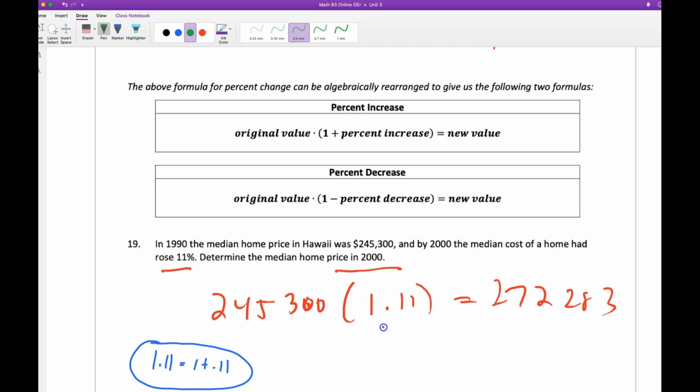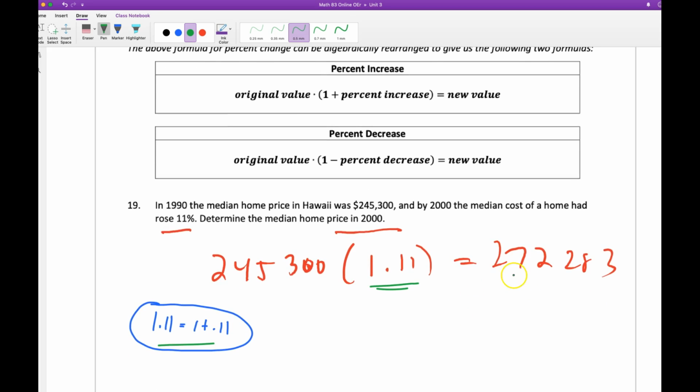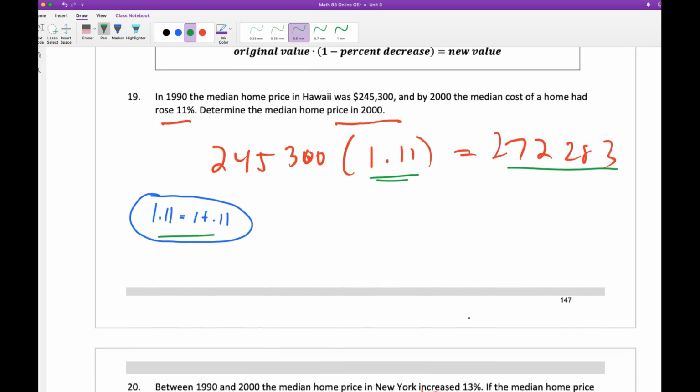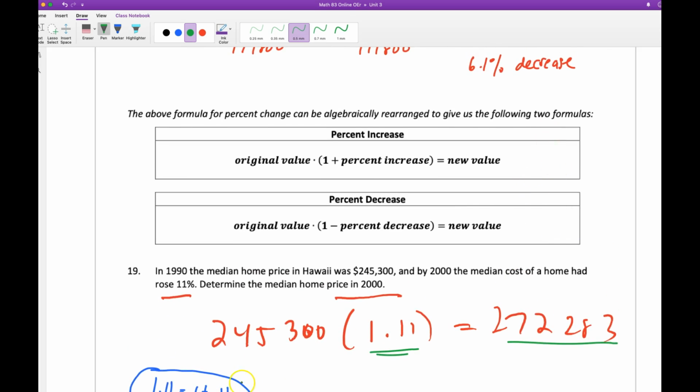So you can see where we get the 1.11 from. That comes from 1 plus the percent increase, and then you multiply. That will get you your value: an 11% increase would give you this value here. And then your discussion is 2021, where you would apply these formulas to get your answers.